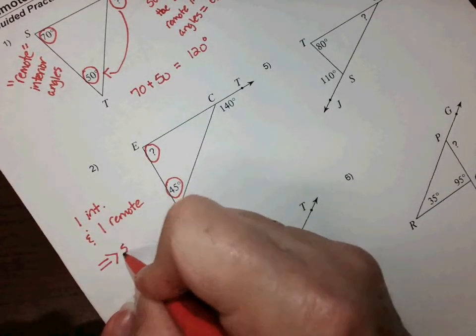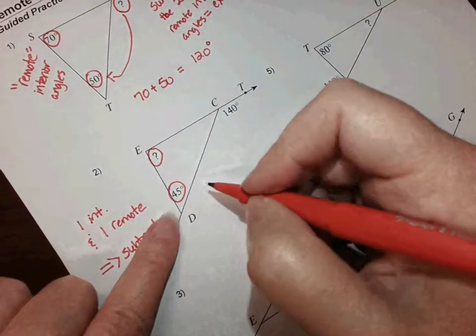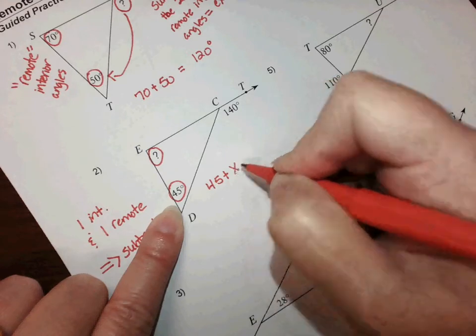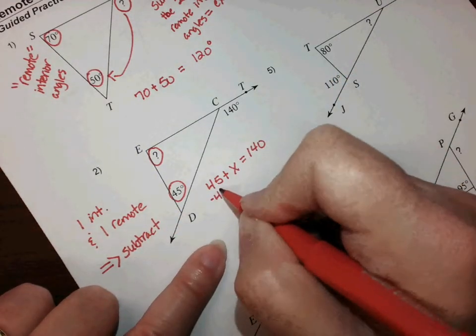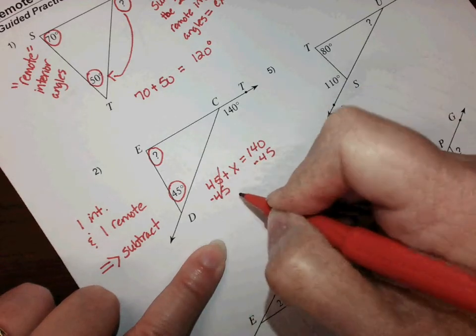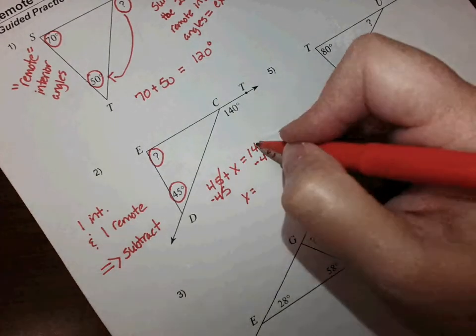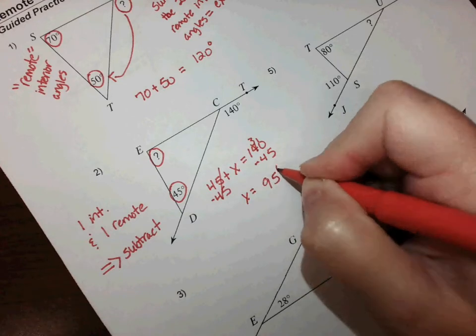You're going to have to subtract. Because 45 plus some number, I'll just call it x, has to equal 140 degrees. So what do we end up doing to solve? We subtract. So 140 minus 45 is 95 degrees.